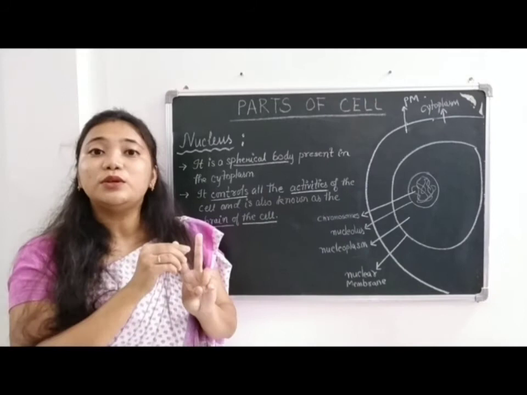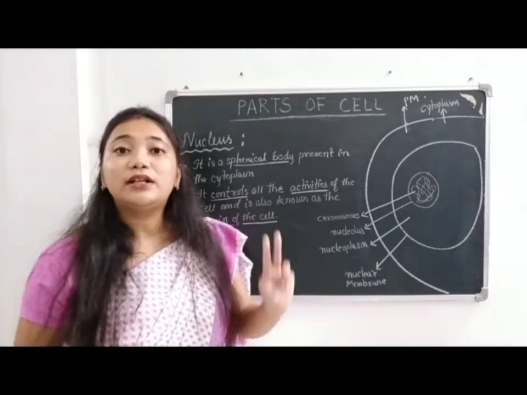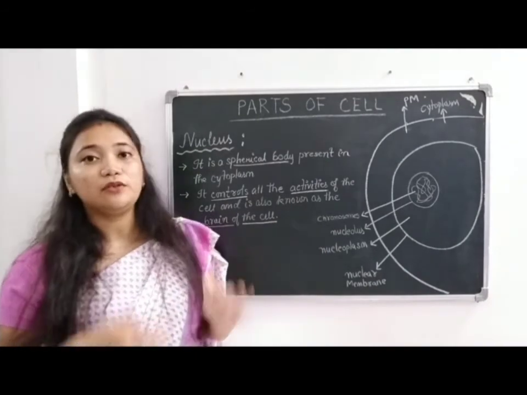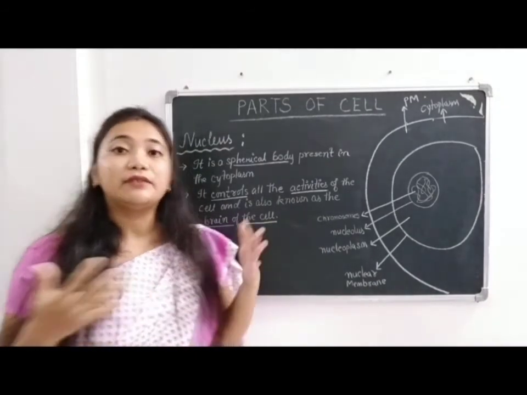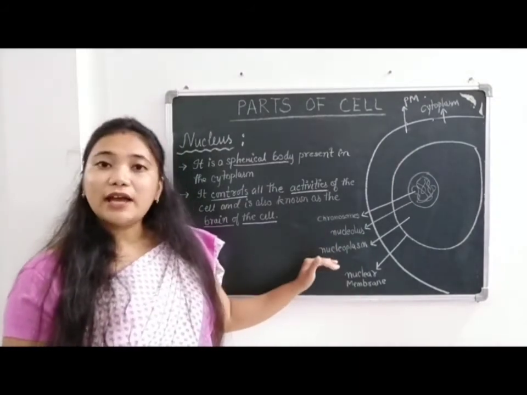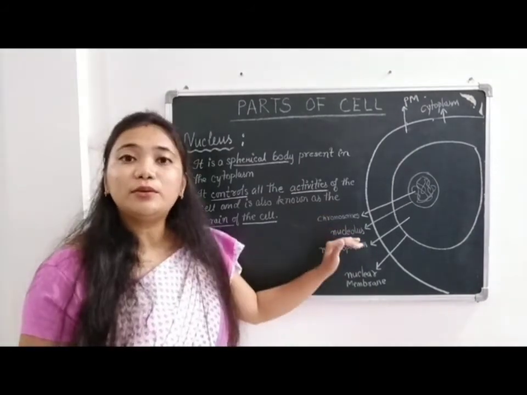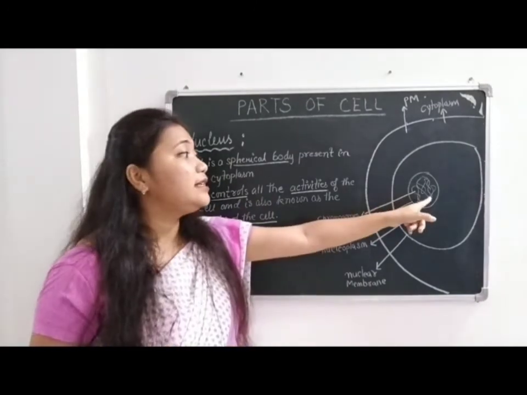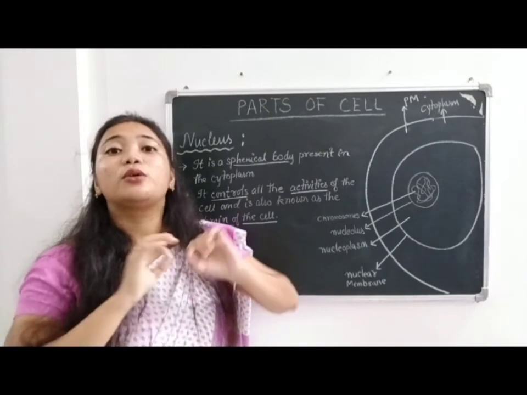Two different terms, nucleus and nucleolus. Please mind the spelling here, otherwise you may interchange them and the meaning will change. So inside the nucleus we have the nucleolus. Inside the nucleolus we have the genetic material, and this genetic material looks like thread.